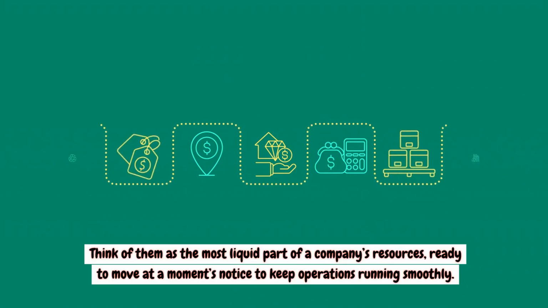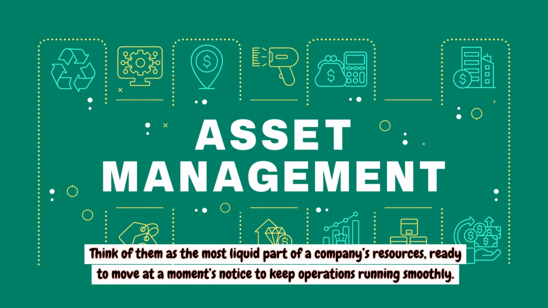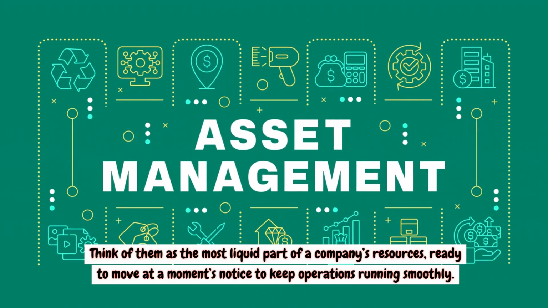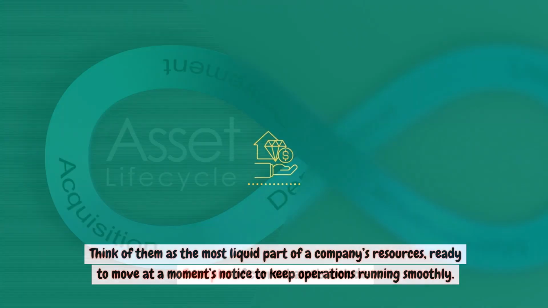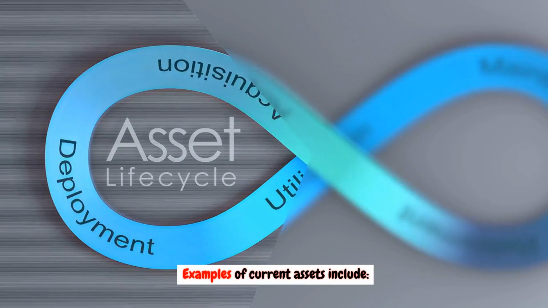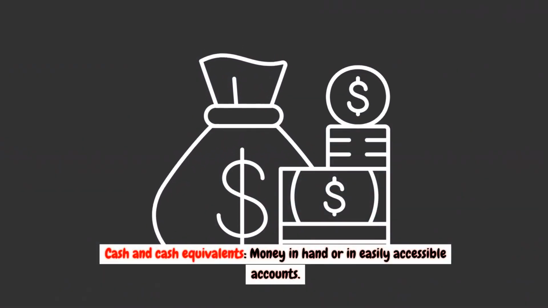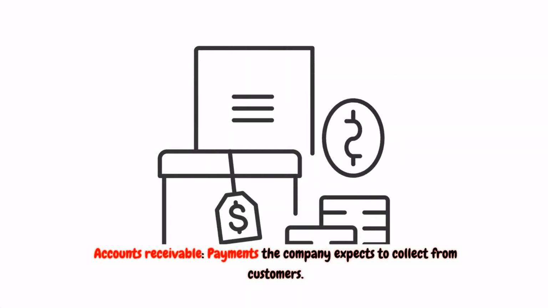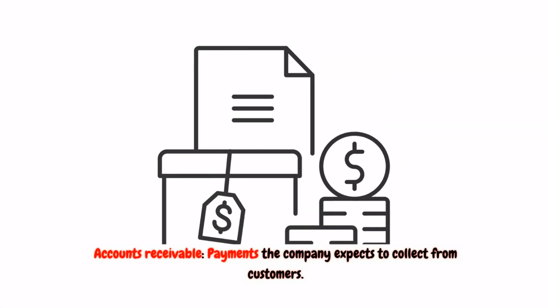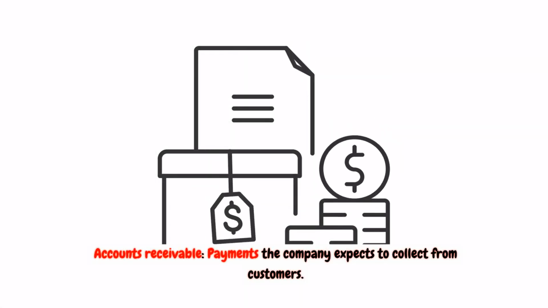Think of them as the most liquid part of a company's resources, ready to move at a moment's notice to keep operations running smoothly. Examples of current assets include cash and cash equivalents, money in hand or in easily accessible accounts. Accounts receivable, payments the company expects to collect from customers.